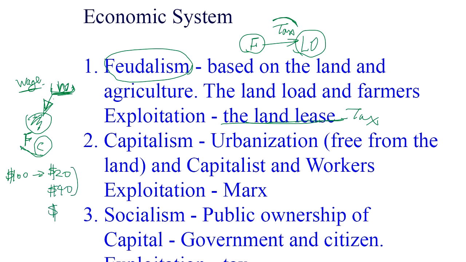The factory profit is $40 and the worker gets $40. Okay, so the worker actually worked $80 worth, but the capitalist takes $40, and this is an exploitation.